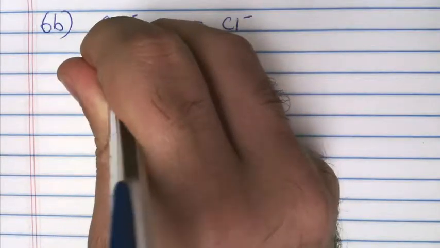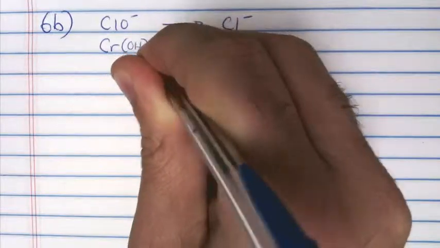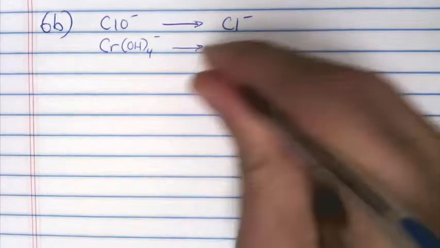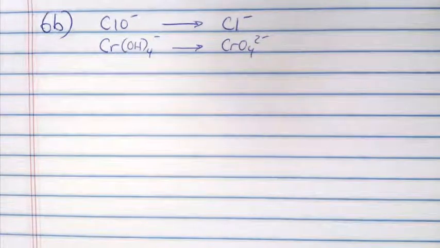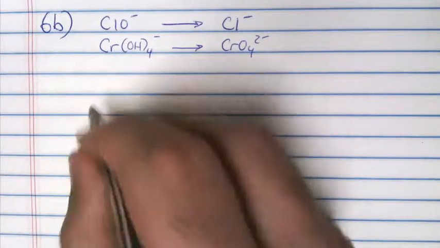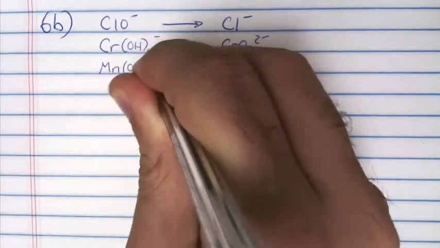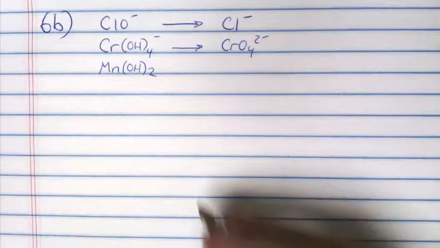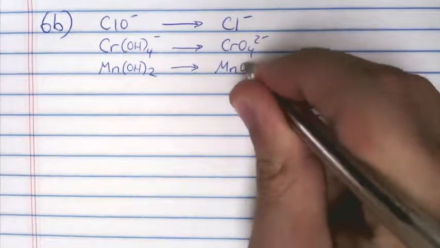So for chromium, you're going to be going from a complex ion that you form in the first step to chromate, the very final thing. Chromium doesn't do anything with the ammonia that you add later on, it just becomes this at the bleach step. By contrast, what manganese is going to do, after having become manganese hydroxide upon the addition of OH- in 6A, is it's going to become permanganate.